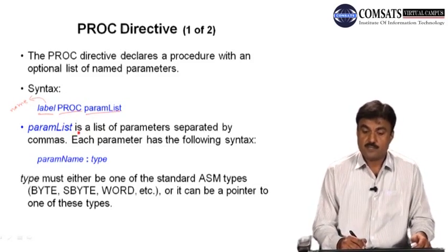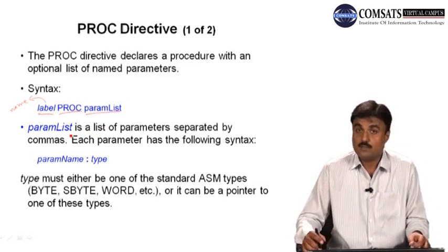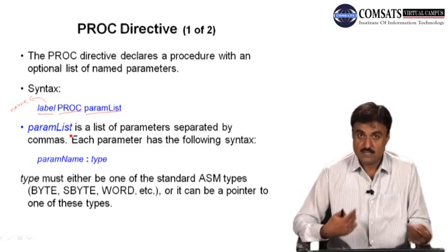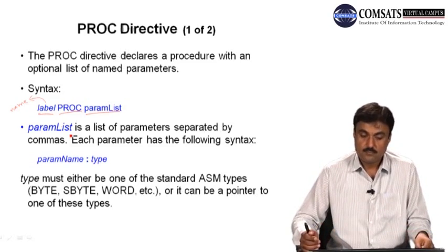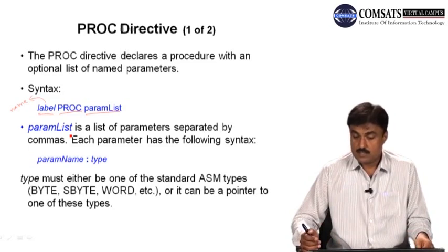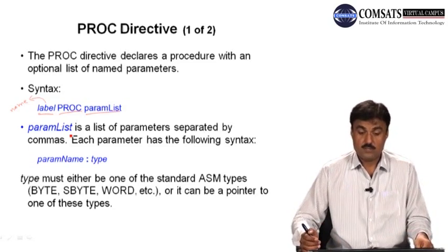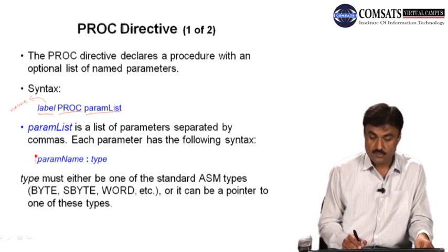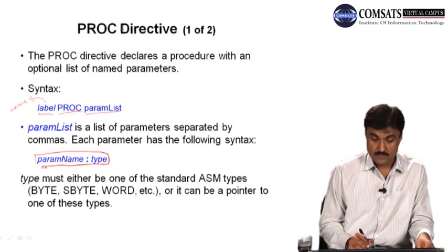The parameters in this list are separated by commas. These are the parameters that this procedure will accept as arguments. Each parameter has the same syntax that we use with the LOCAL directive.